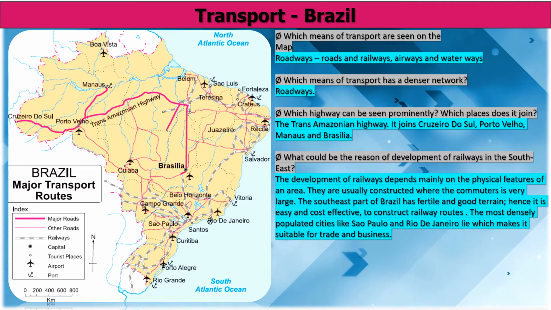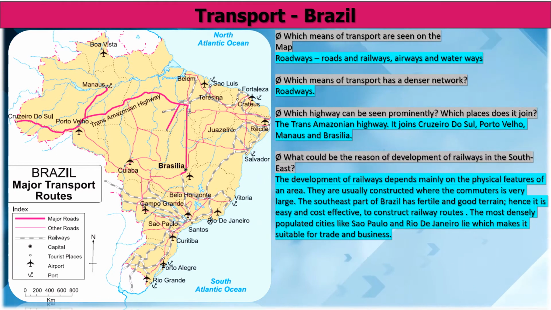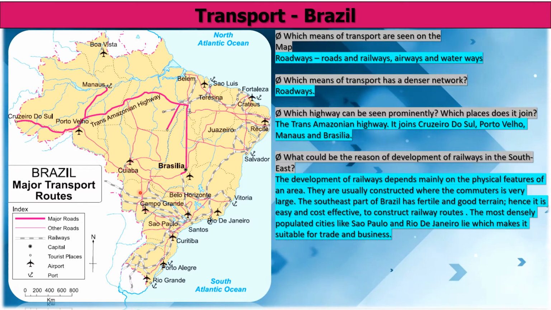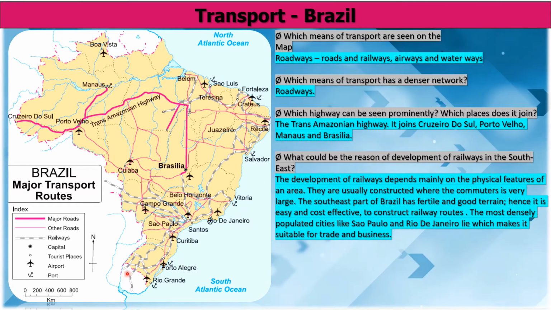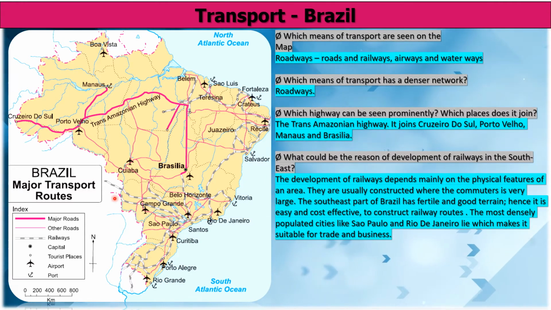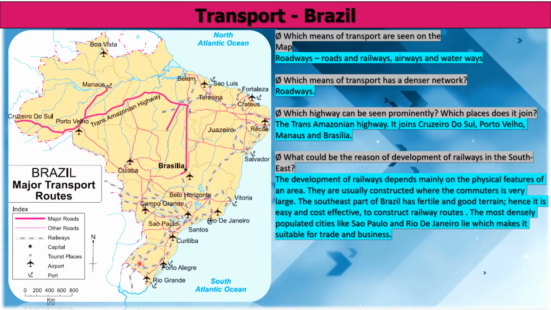The next question, what could be the reason of development of railways in the southeast? Now if you see here in the map, the railways are towards the eastern coast and the concentration is more in the southeastern part of Brazil.